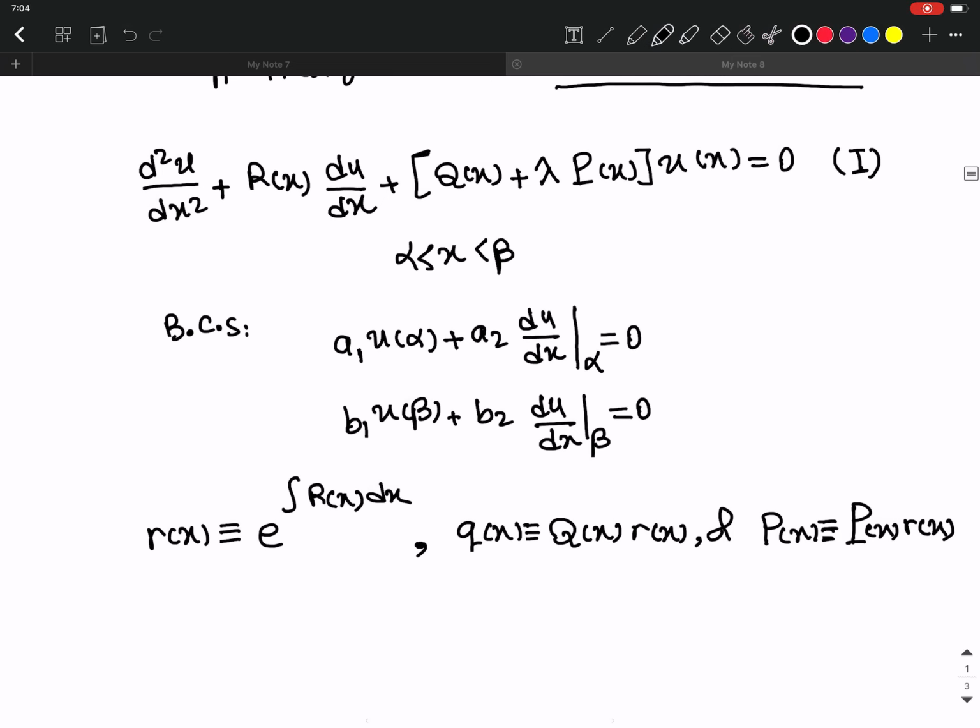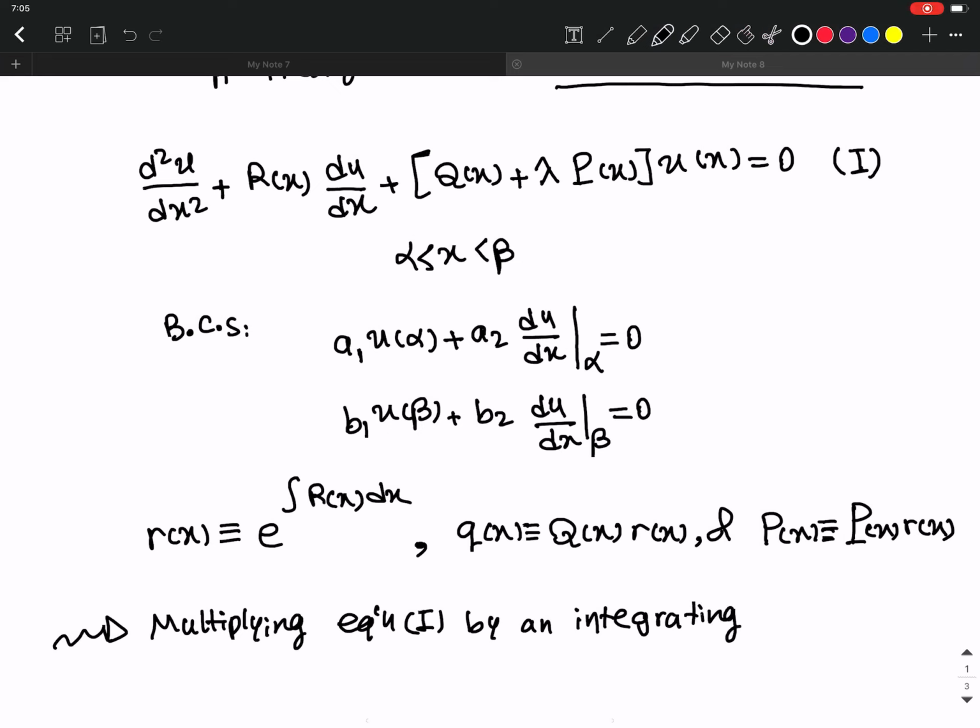So what I'm going to do next is multiply equation 1 by an integrating factor, r(x).